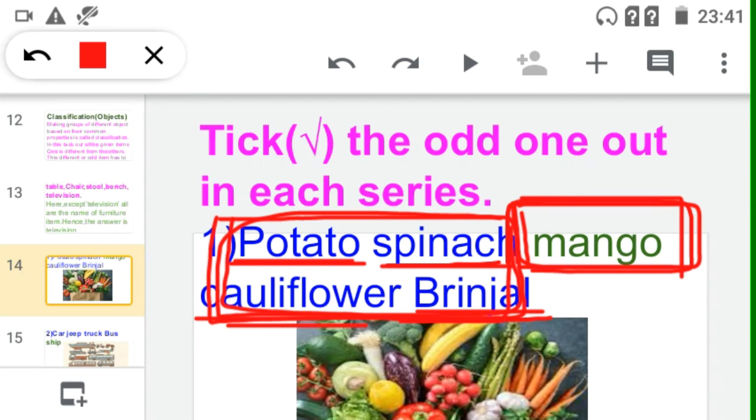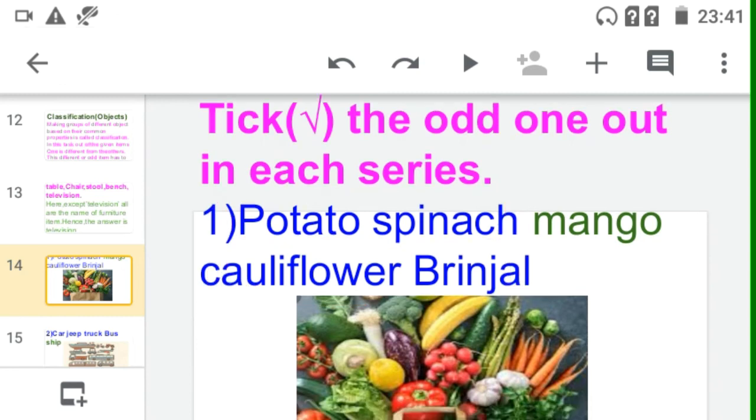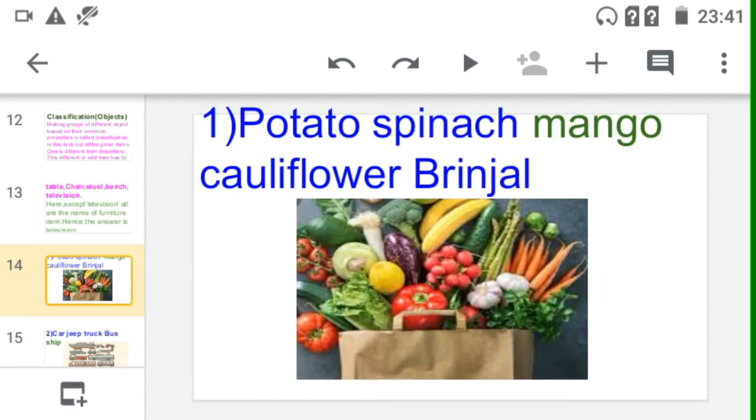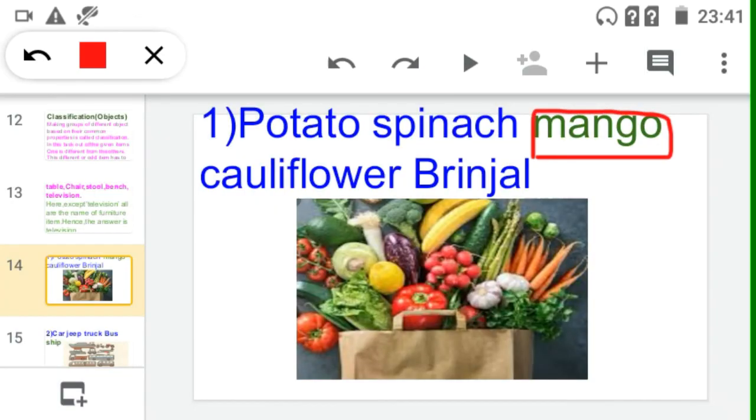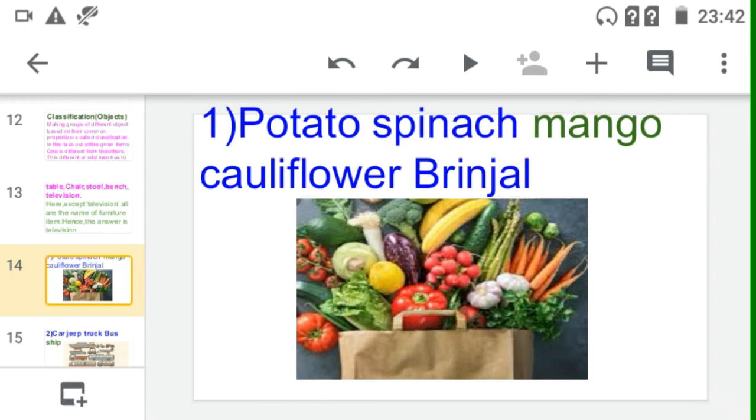So mango is the odd one. So your answer is mango. See, these all are vegetables, but mango is a fruit. So that's why your odd one, your answer, is mango.